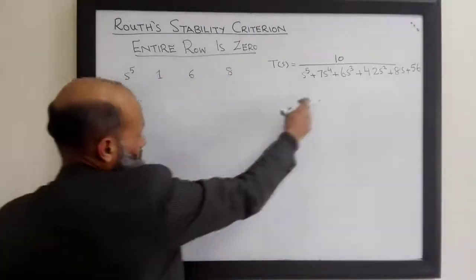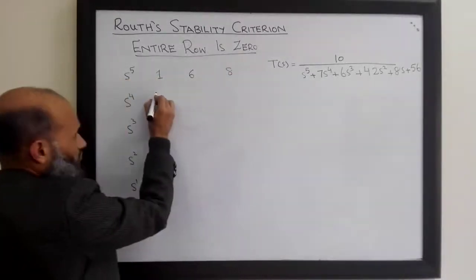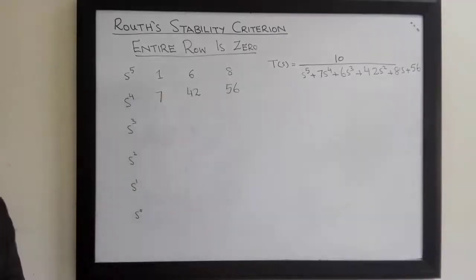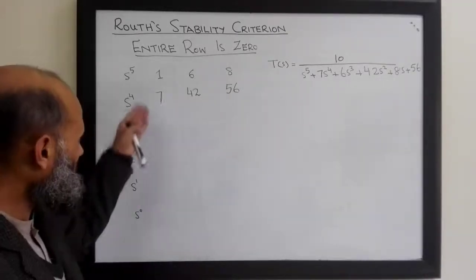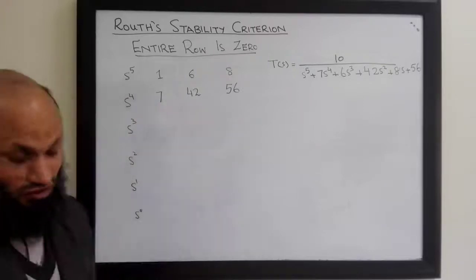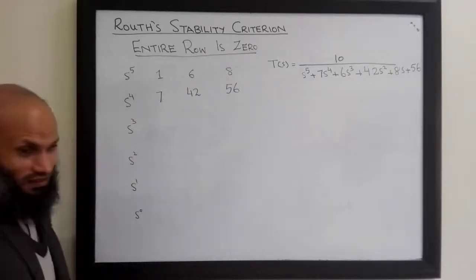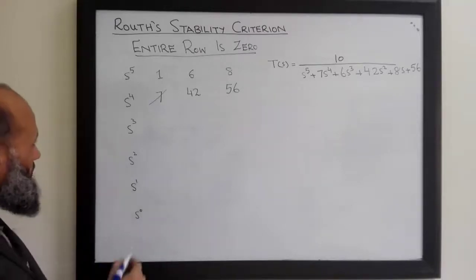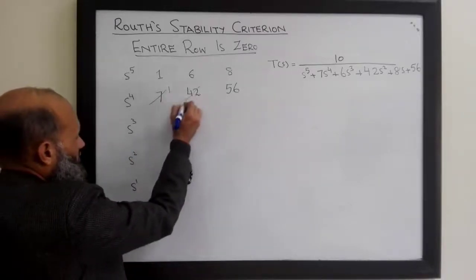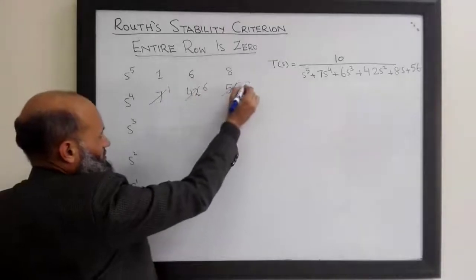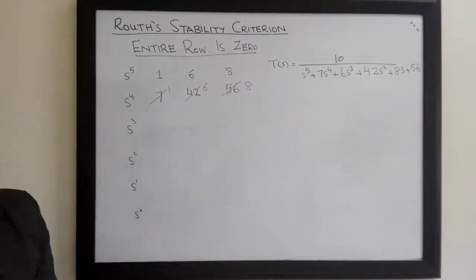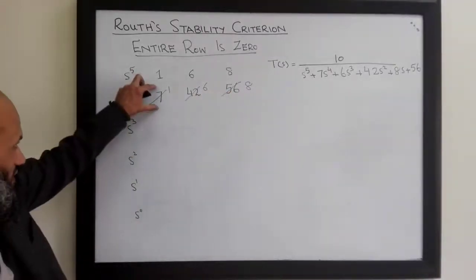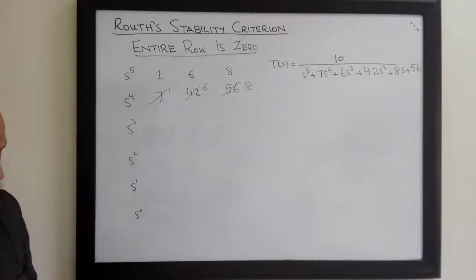In the second row, the coefficients which we have omitted over here. Remember that in the construction of Routh table, if you multiply an entire row with a non-negative constant, that does not alter the results. We multiply this row with 1 by 7 to get 1 over here, 6 and 8. This will simplify our job because larger numbers would be difficult to handle.